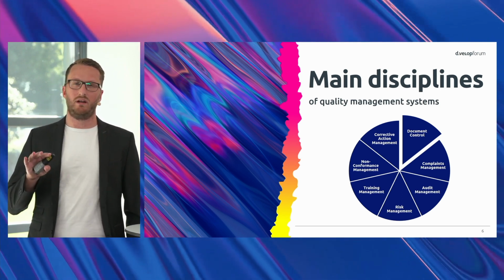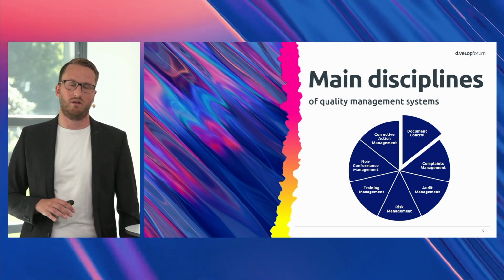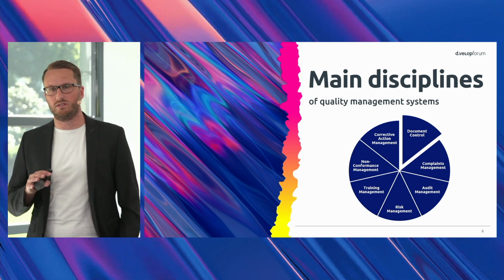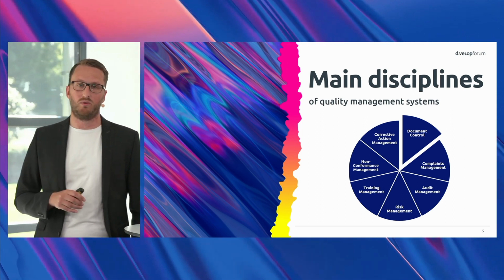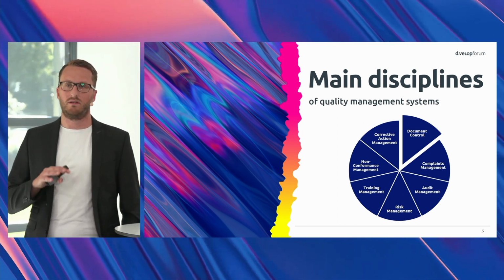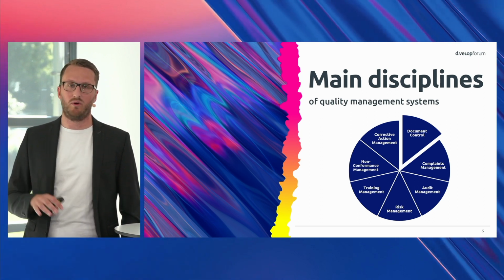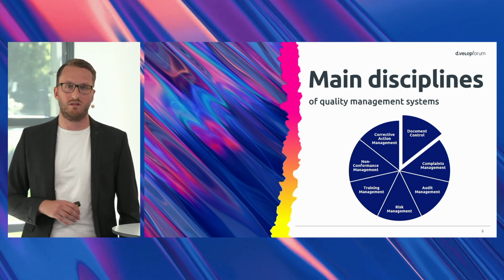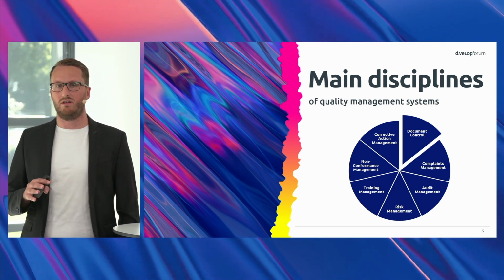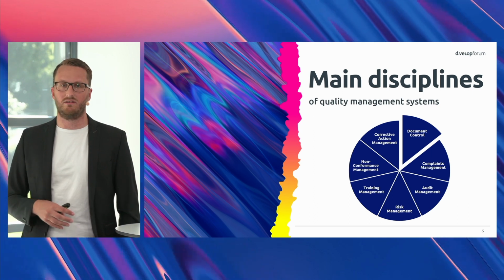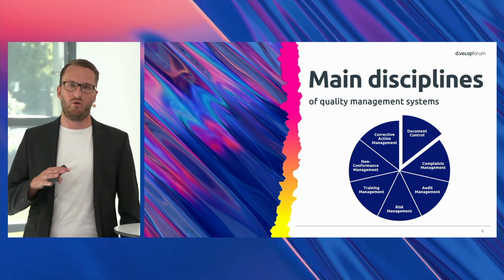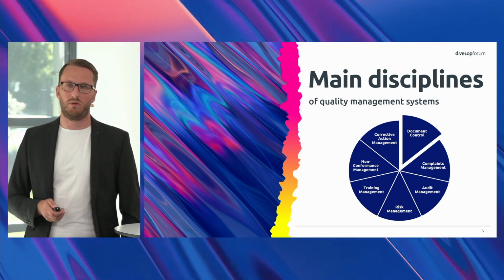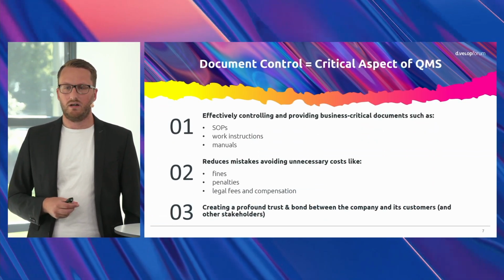But what we did highlight here is the document control part, and this is where we are focusing on with our solution, because we see a huge basic part with the document control that can absolutely be a starting point and a basis for all other parts of quality management inside your organization. Especially in these times of digitization, it is important to go for a good, well-structured solution helping you with document control.